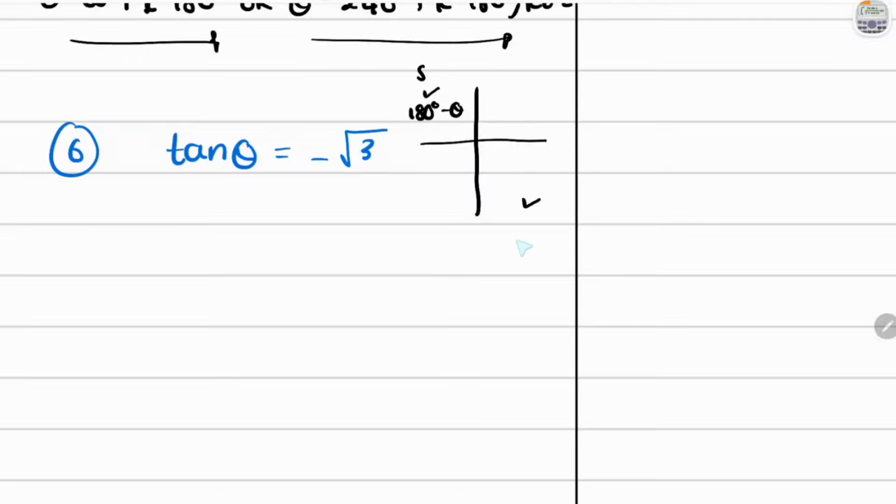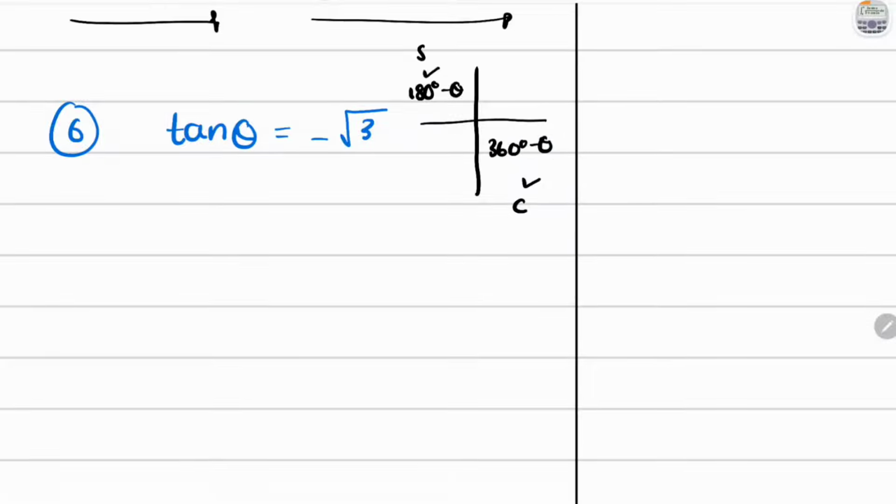This is where sine is positive. And here where cos is positive, it's 360 degrees minus theta. Okay, so now that we have marked out where our solutions will fall under, we're going to go ahead and find our reference angle. So again, our reference angle, you're just going to take tan over, but you're going to say shift tan of the absolute value. So don't consider that it's negative.